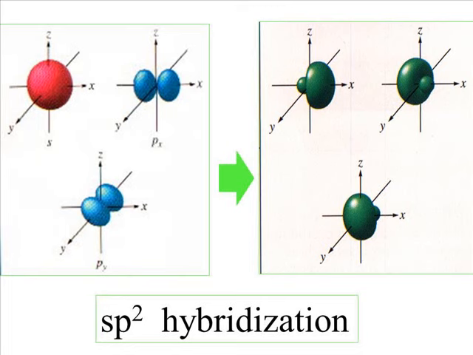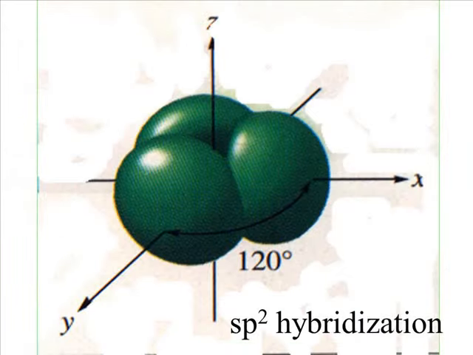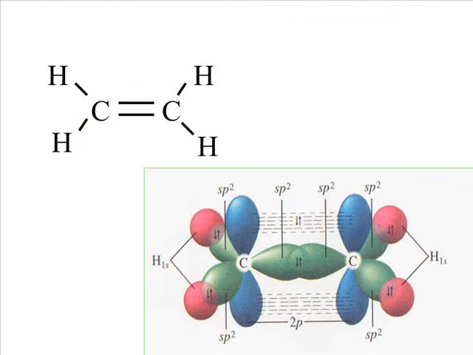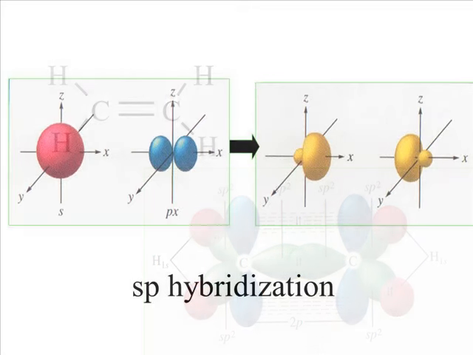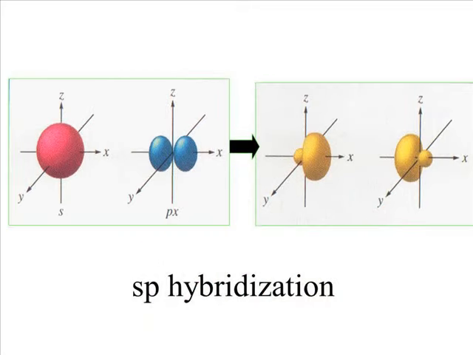Your sp2 hybridization blends 2 of your Ps and an S to give you 3 equivalent bonds. This will give you 120-degree bond angles between them, and that's the trigonal planar. So you've got sp2 hybridization. You also have an unhybridized P that allows for a multiple bond. That is a good example of sp2 hybridization. sp hybridization gives you a linear structure.